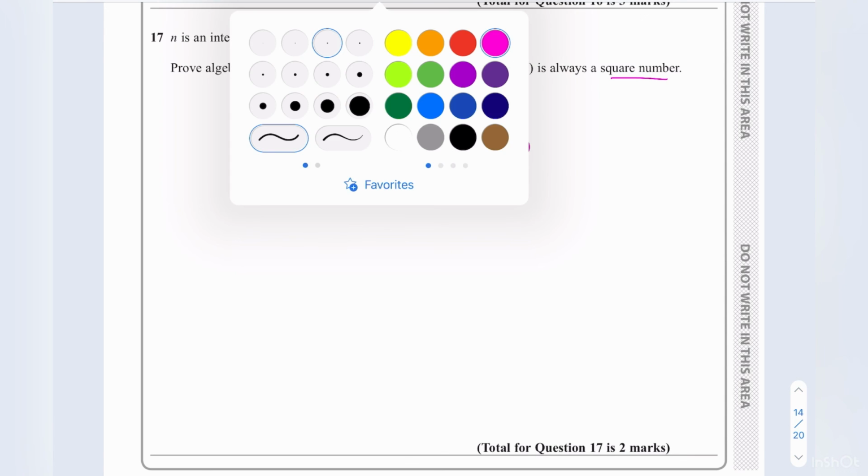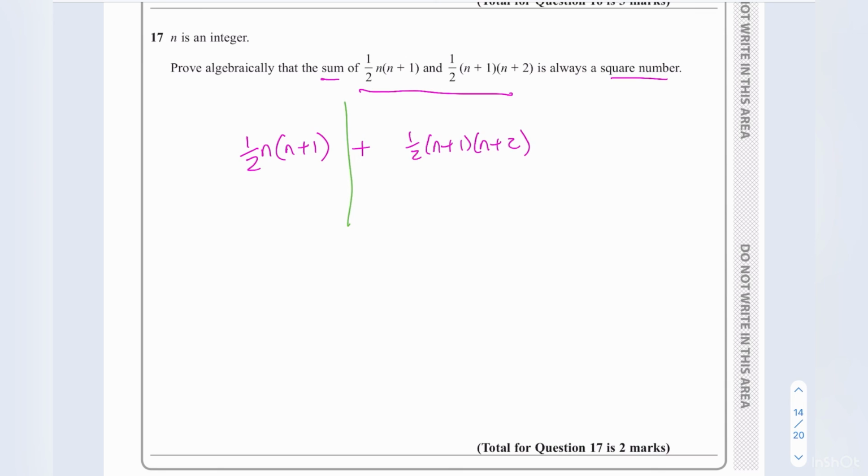So I'm just going to look at the left-hand side to begin with, and I'm going to multiply out my brackets. 1/2 n times n is 1/2 n squared. 1/2 n times 1 is 1/2 n. Now I'm going to deal with my double brackets, and then I'll half it all after. So my double brackets gives me n squared plus 3n plus 2, and now I'm going to half each of those, so 1/2 n squared plus 3 over 2 n plus 1.